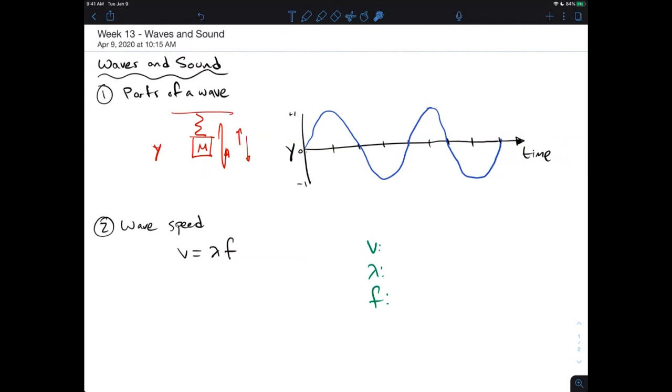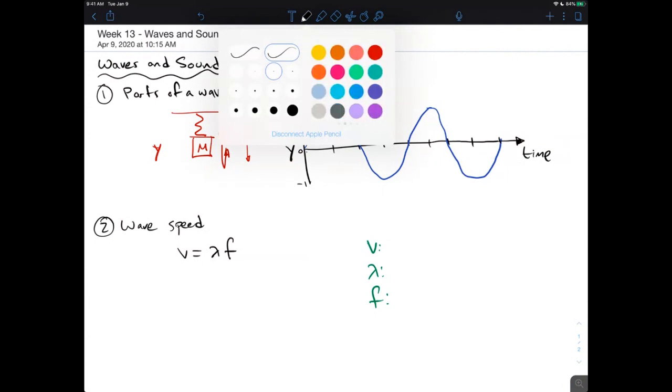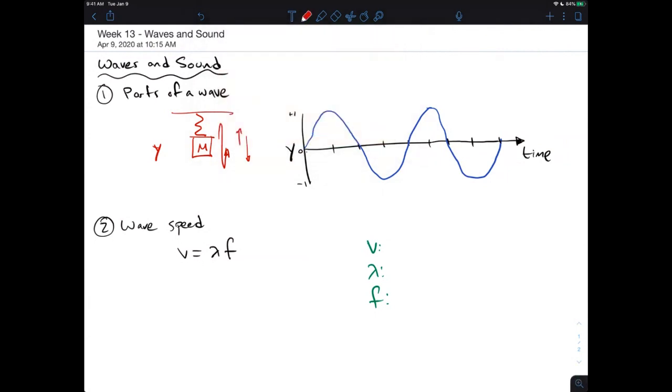So I want to recap really quickly the different parts of our wave. First thing here is going to be amplitude. Amplitude is how high the wave goes, right? So amplitude is from 0 to +1 here.